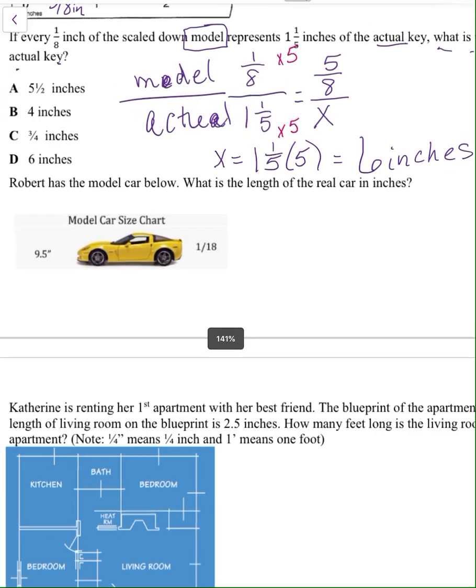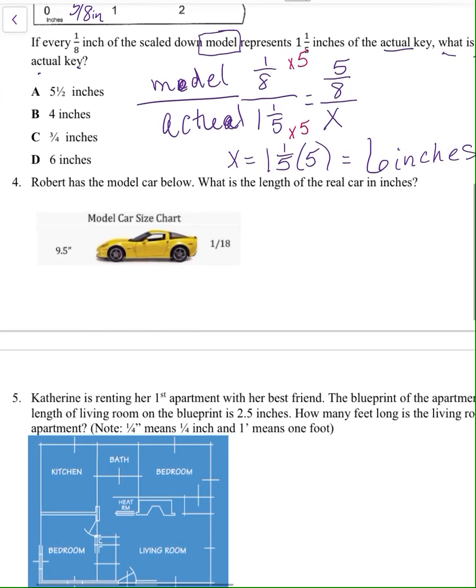Cool. All right. Number 4. Now, number 4, we are going to have to look at the picture. It says, Robert has a model car. What is the length of the real car in inches? All right. So right here, it tells us how many inches the model car is.